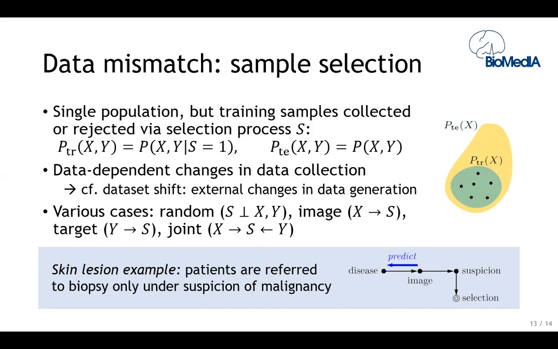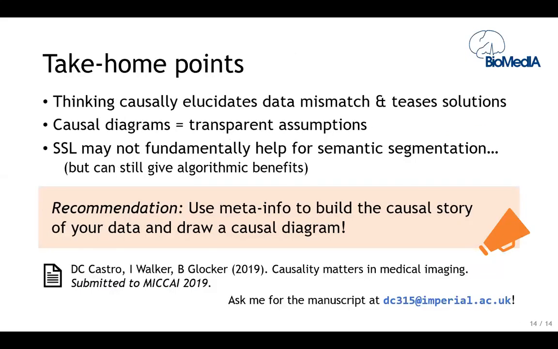So just to wrap up now, the take-home messages from this work are that thinking in terms of causality can help us better understand these processes that generate differences between our training and test data, and help us more systematically think about potential solutions.